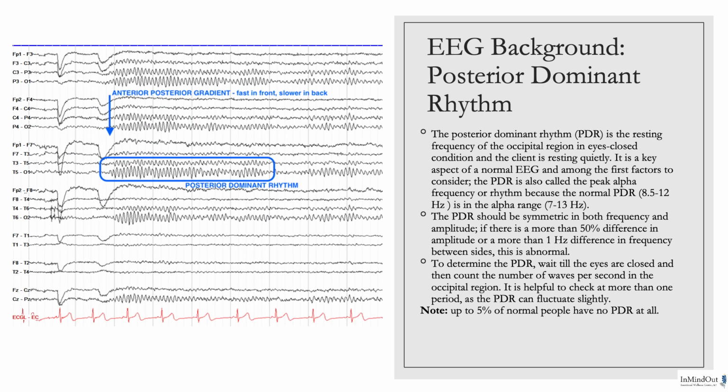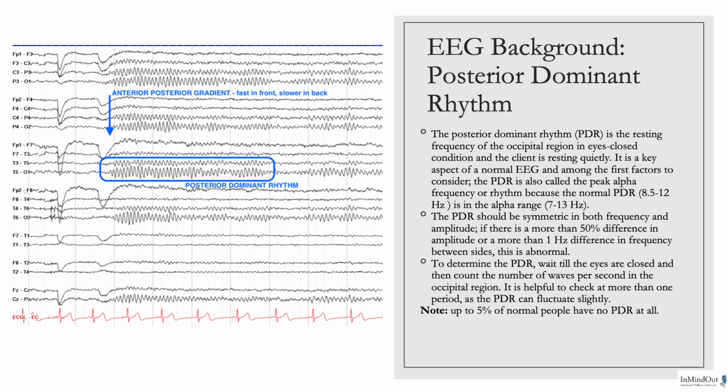The next thing we need to know is, what is the posterior dominant rhythm? Why do we care about it? Because it shows us how the thalamus, the center part of the brain, communicates with the cortex. The thalamocortical pathways go from the center of the brain to the back of the brain and then towards the front.